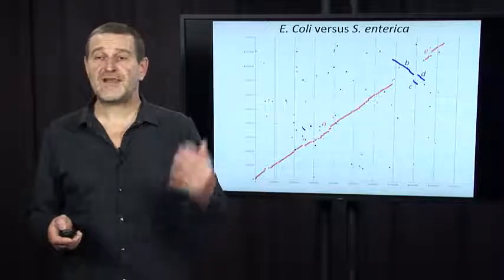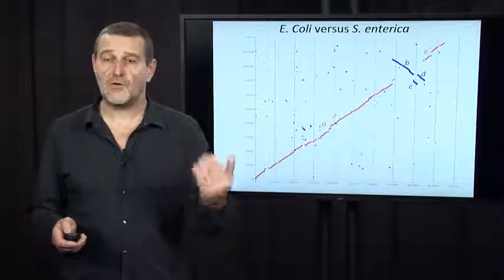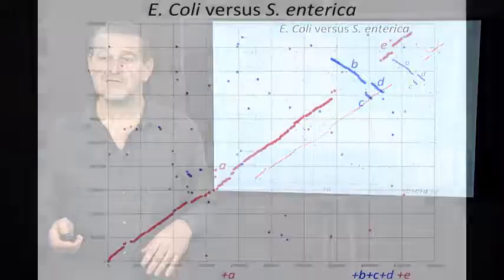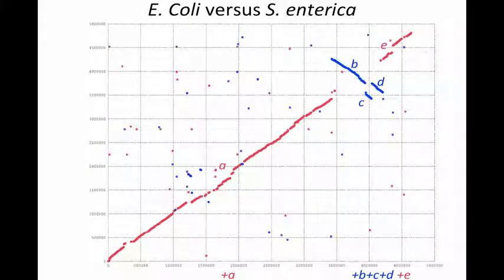And if we project these blocks on x-axis, we will get an arrangement of Synteny blocks in E. coli. And if we project them on y-axis, then we'll get an arrangement of Synteny blocks in Salmonella. And now we are ready to analyze the 2-break distance between these 2 genomes.